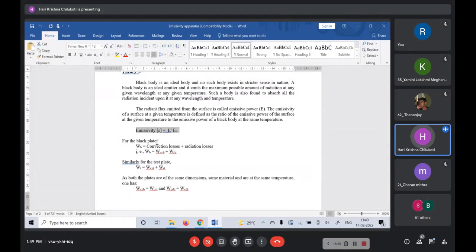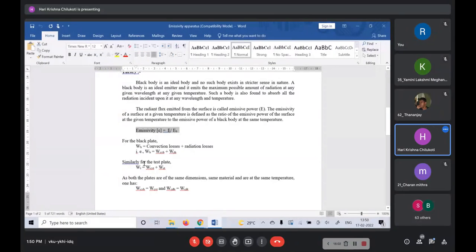And as these plates are mounted in a closed enclosure, due to the change in density, there is a possibility of natural convection from the test plate to the air that is surrounding these plates, for both the test plate as well as for the reference plate. At the steady state, power input for the black body is equal to the heat transfer by convection plus radiation from the black body surface to the surroundings.